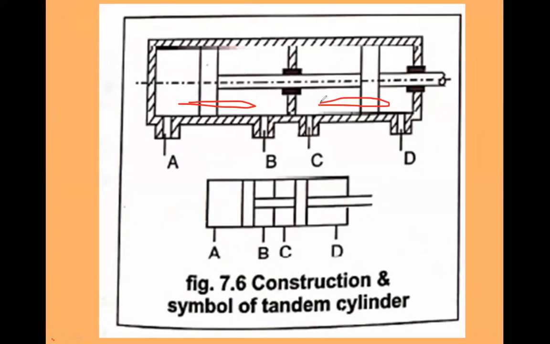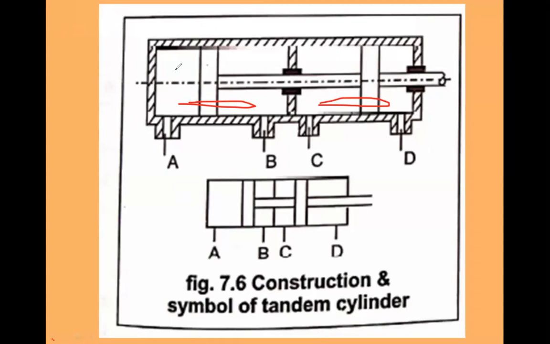So these two cylinders are connected to each other, mechanically coupled to each other. Getting it? So this is called tandem cylinder. And each cylinder has its own inlet and outlet port.